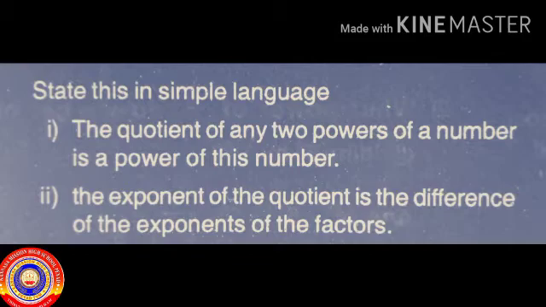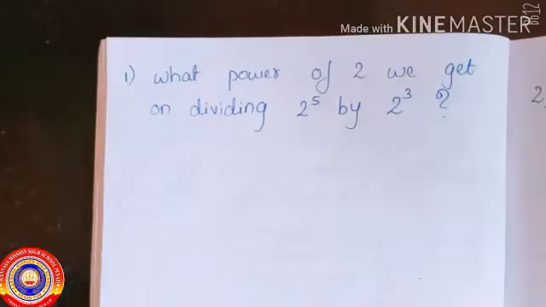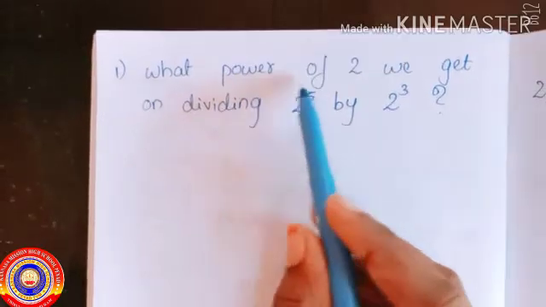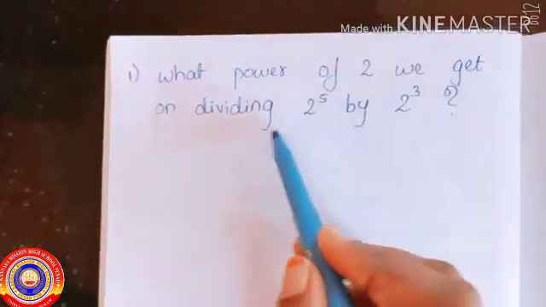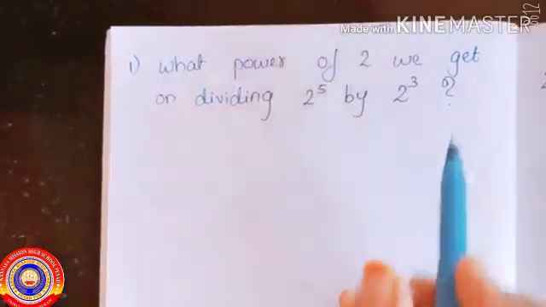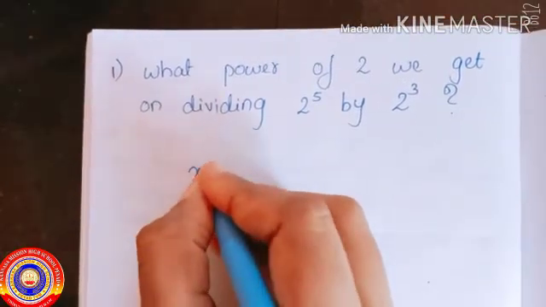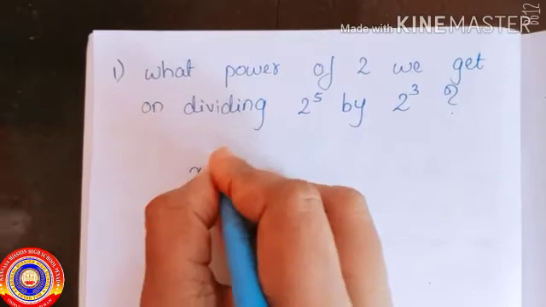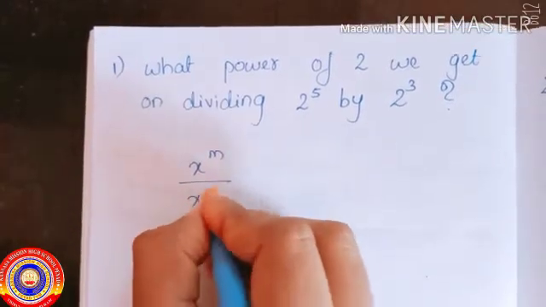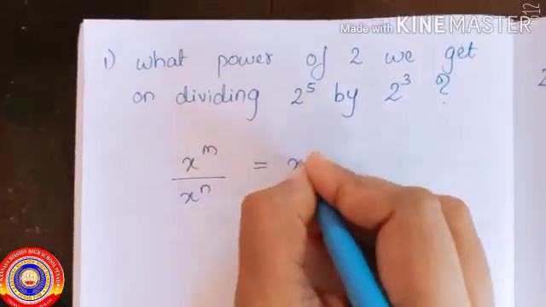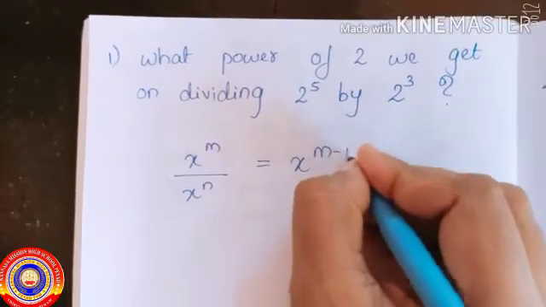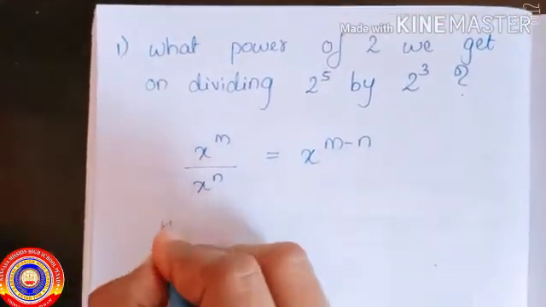Using this idea, let's do the problems in your textbook, page number 60. First question, what power of 2 do we get on dividing 2 raised to 5 by 2 raised to 3? As we have learnt, x raised to m divided by x raised to n is equal to x raised to m minus n.